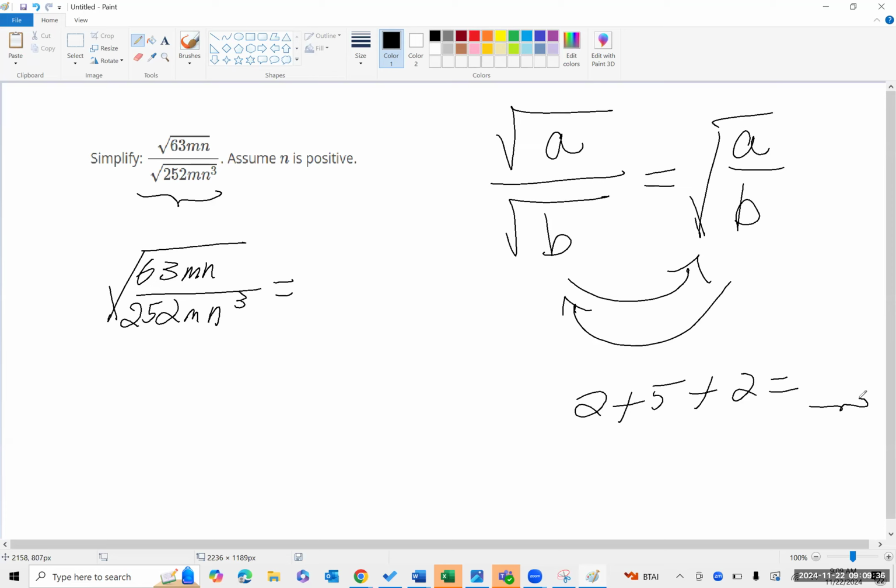And so let's see if that's the case. So 2 plus 5 is 7 plus 2 is 9. Of course, 9 is divisible by 9. So it turns out that this number is divisible by 9.